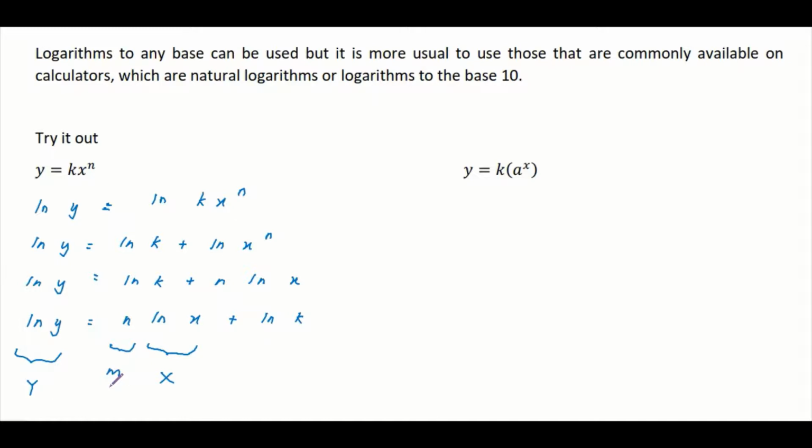Because I want to differentiate between my original values of x and y and my new X and Y. My new Y is natural log of y. My new X is natural log of x. This part will be my y-intercept. Don't worry, we'll look at this again by using questions.